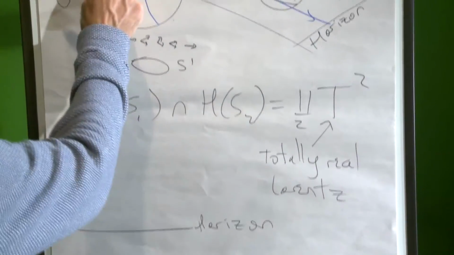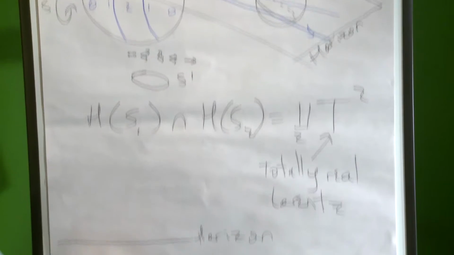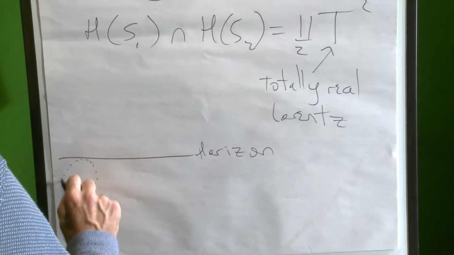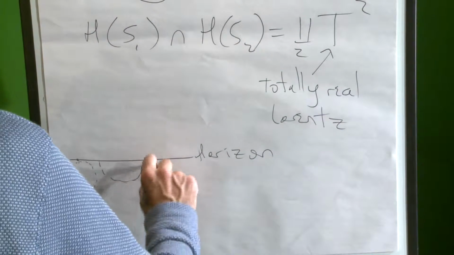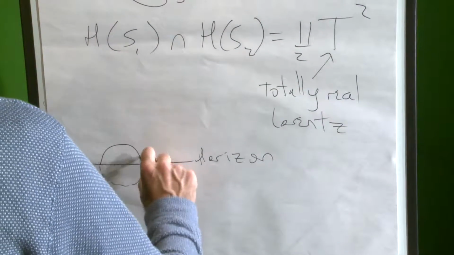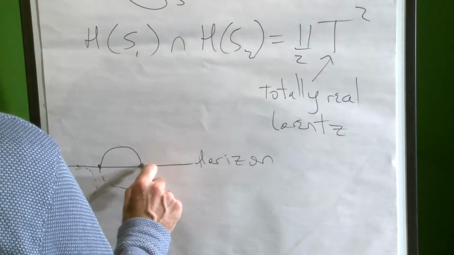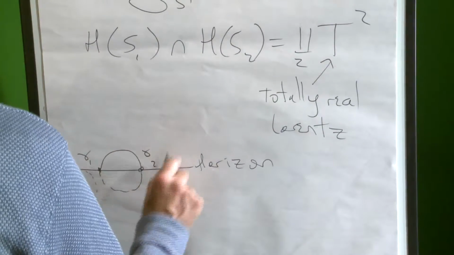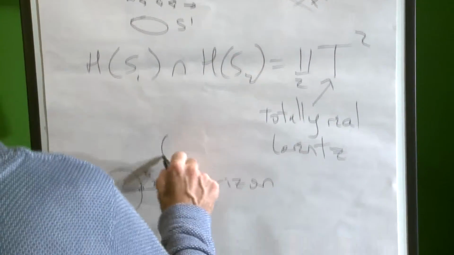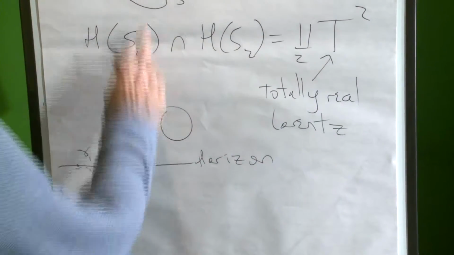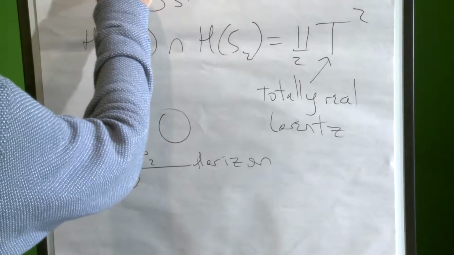And when you're at this point here, here is the moon. It's just touching. When it comes above the horizon, that's when you get your two intersection points. That's your gamma 1 and gamma 2, for example. And then when it goes above, you're back to 0. So that's 0, 1, 2, 1, 0.